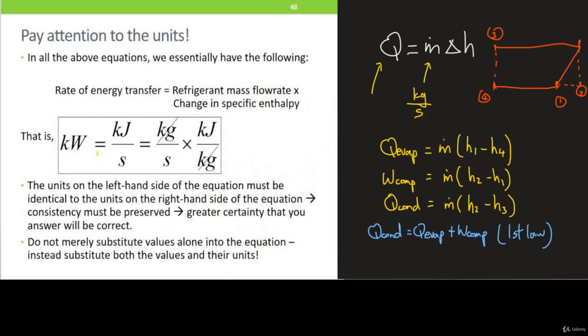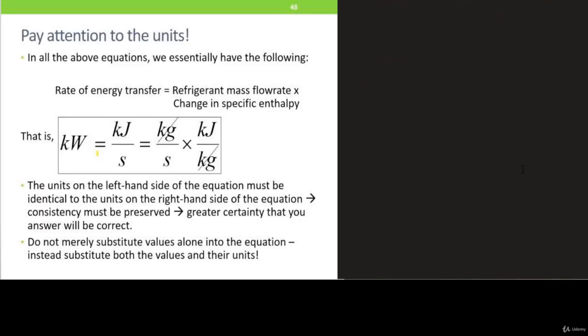So one thing you have to take note of is the units. What are the units of Q evap, WCOM, and Q condenser? If you break this down, let's look at Q evap. Q evap is equal to m dot delta H. The units for mass flow rate is kilogram per second, and for specific enthalpy, the units is kilojoules per kilogram.